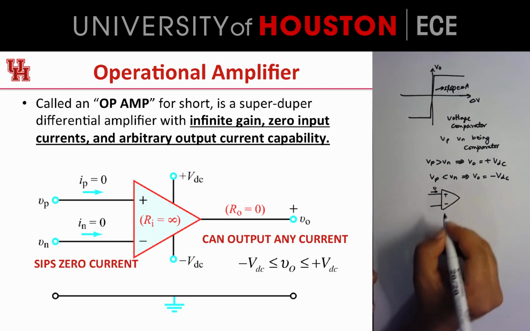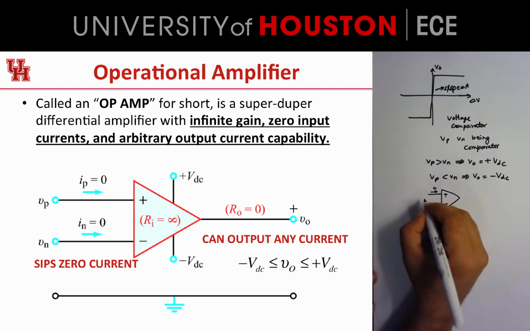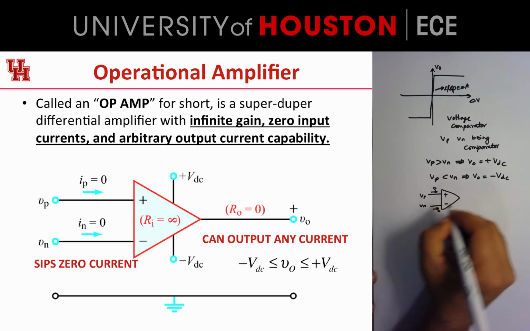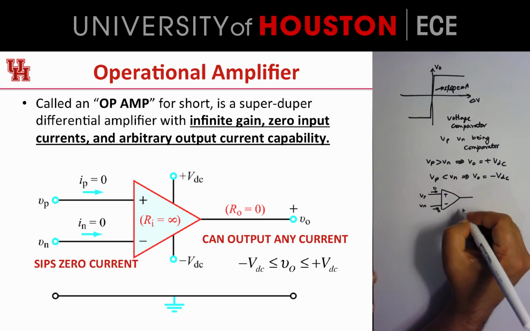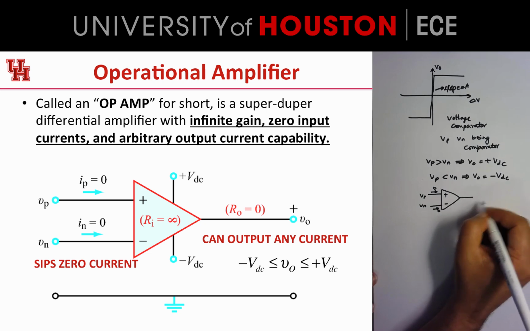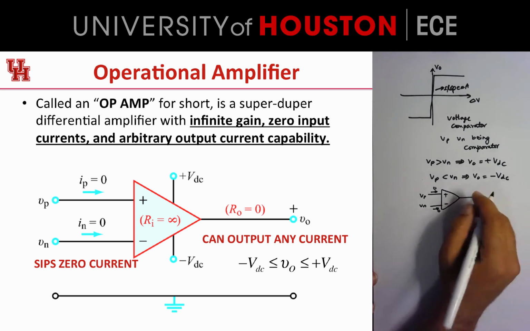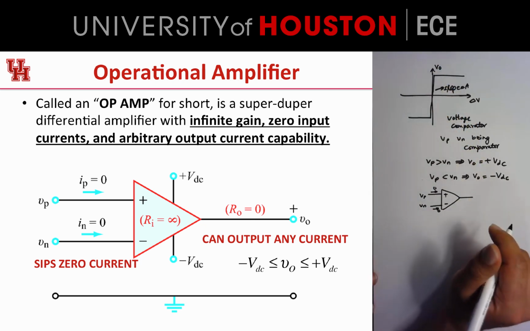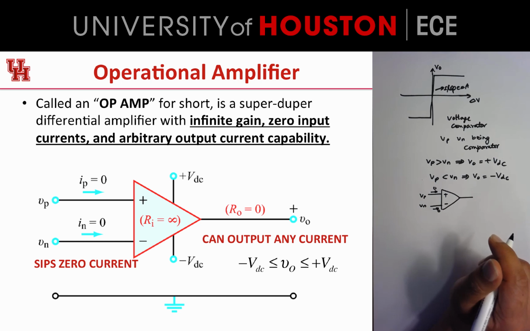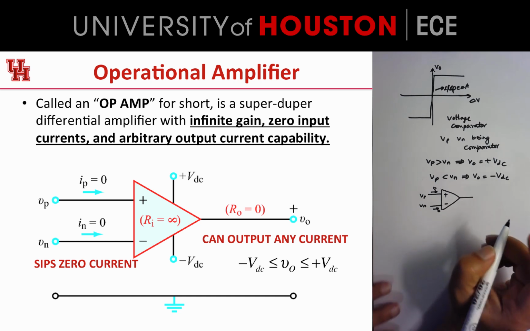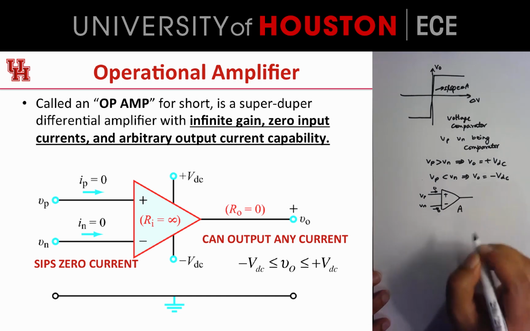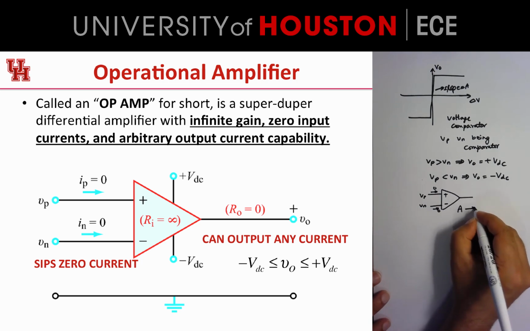This is zero, this is zero. This is VP, VN, and on the output side, it's got a very strong voltage source, so it can output any current you want, except the output voltage is limited by the two limits imposed by the power supply. And importantly, the amplification factor for an op-amp is infinite.